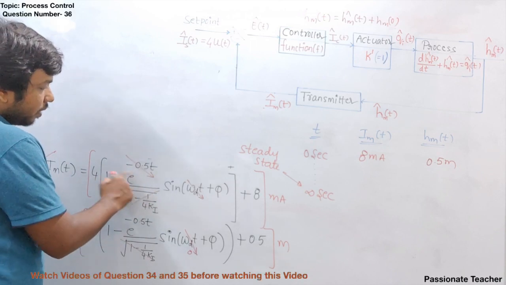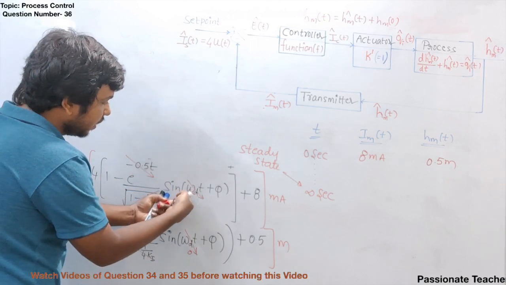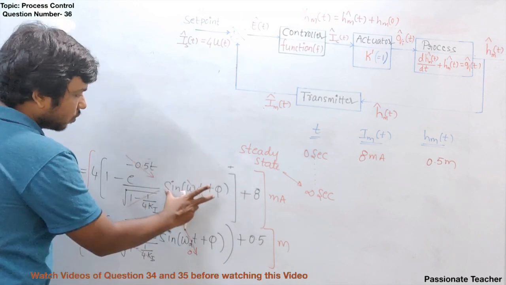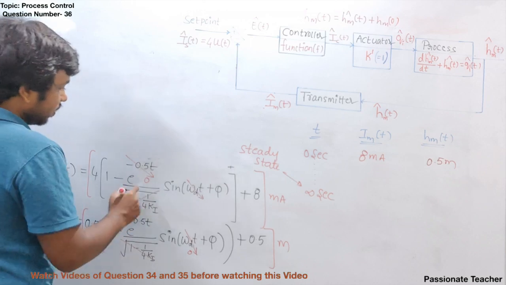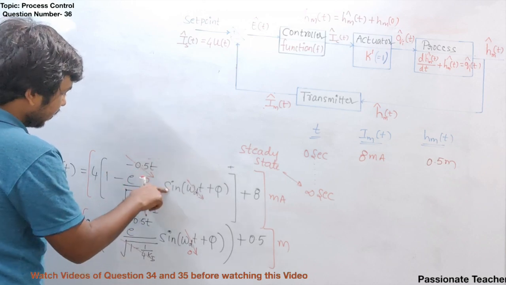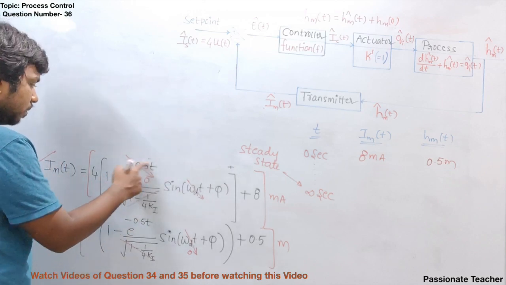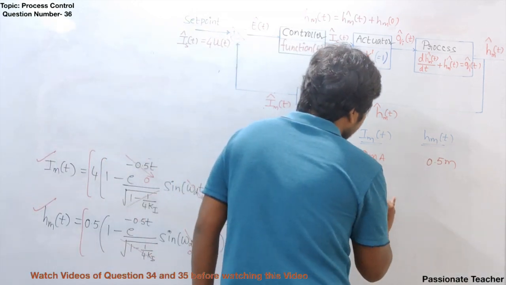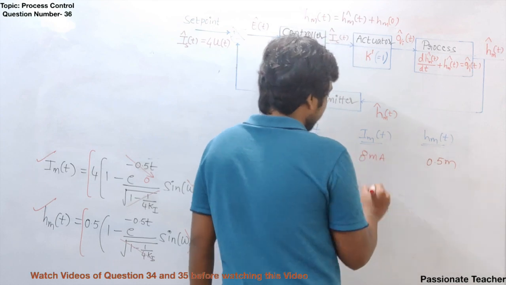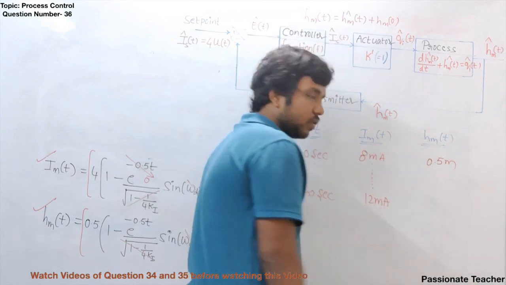If this factor becomes 0, whatever is there with it will become 0, right? So when this becomes 0, overall it will become 0. 1 minus 0, 1 into 4 plus 8. So that means the transmitter current will slowly come to 12 milliampere.